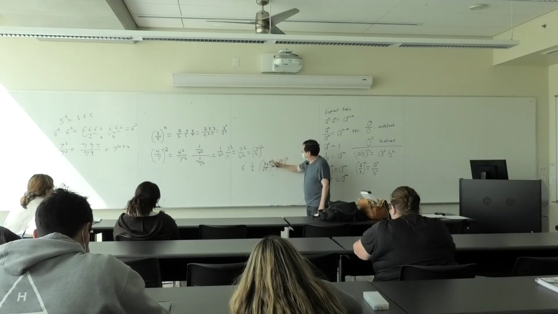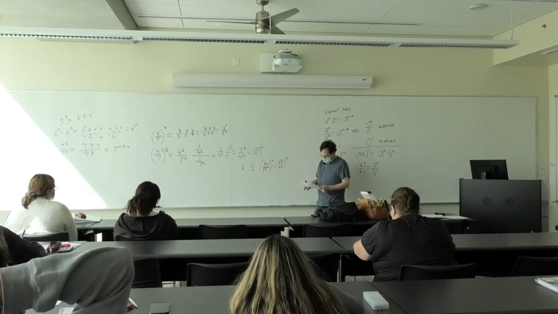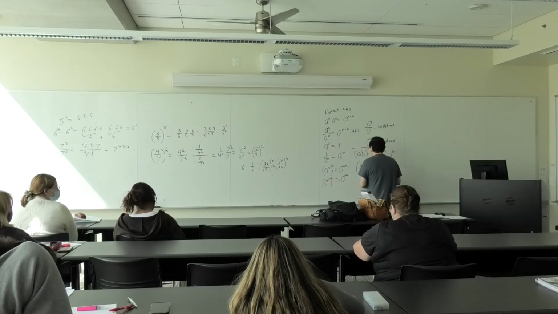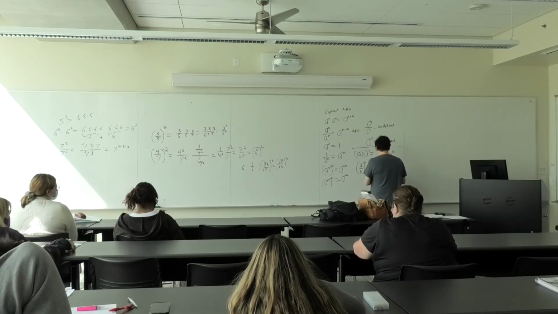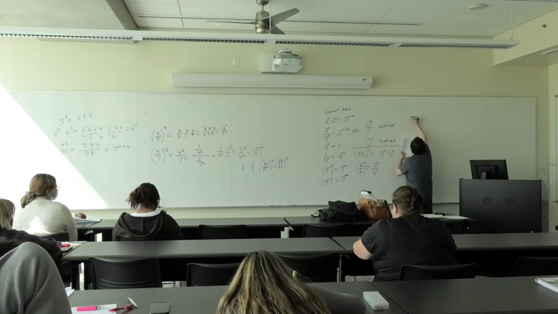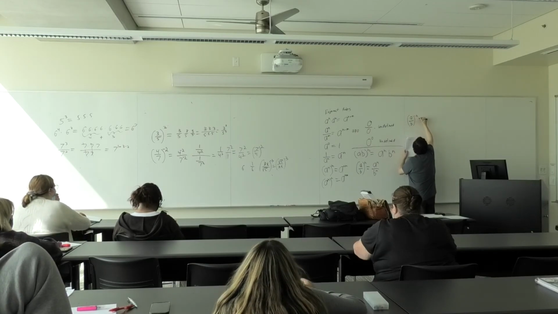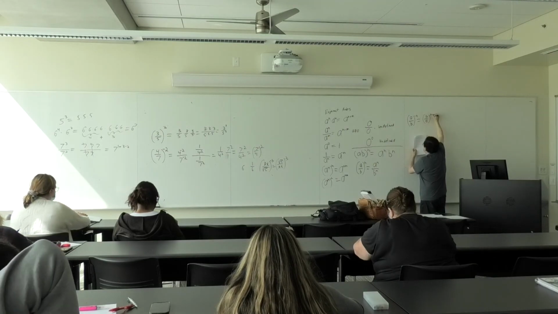In other words, changing the sign just flips the fraction. So how do we write that? You'd say a over b to the minus n equals b over a to the n.